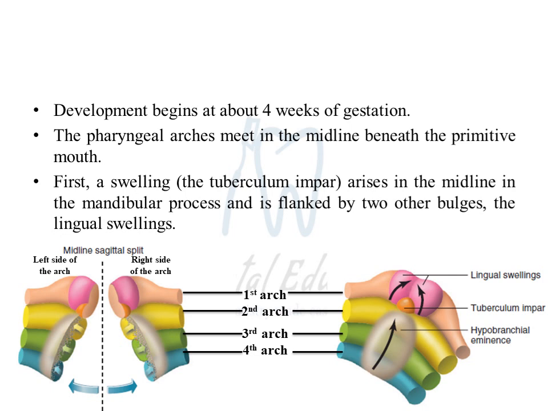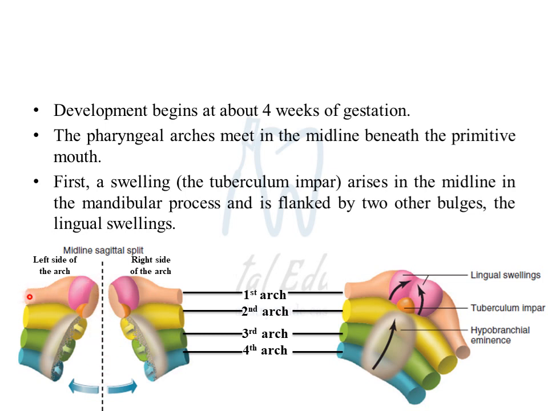Okay, so we have the pharyngeal arch on the left hand side and on the right hand side. Both of the pharyngeal arches have two components, the left and the right one. So the left half merges with the right half in the midline to form a continuous pharyngeal arch.